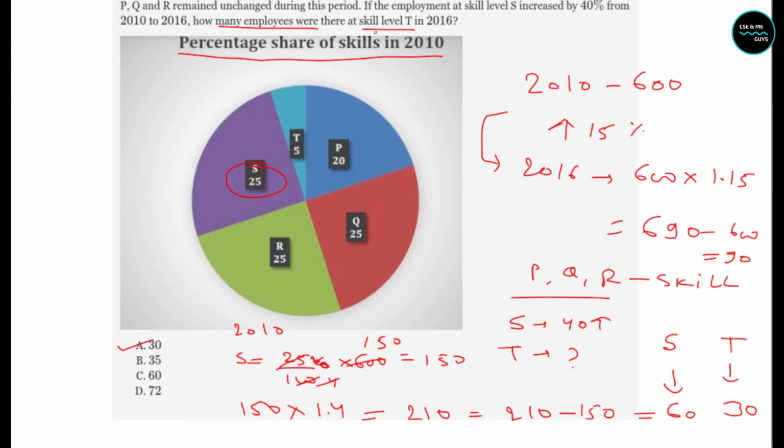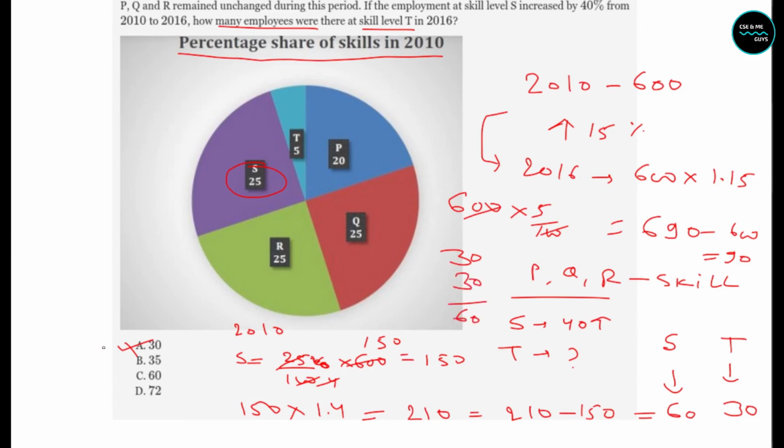How many employees were there at skill level T in 2016? So okay, this might be a wrong answer. Wait. So T has 5% of 600. 600 into 5 percent will just give us 30 people working there, and 30 more increased in 2016.